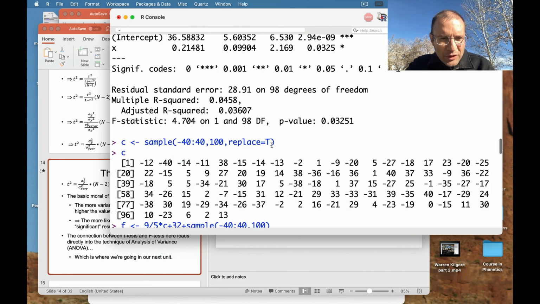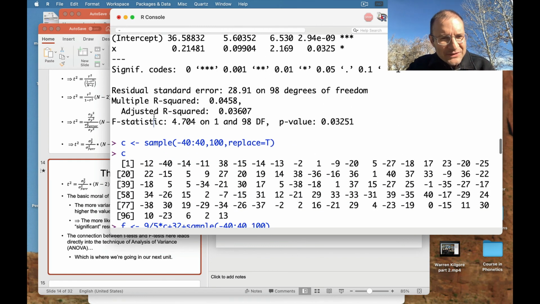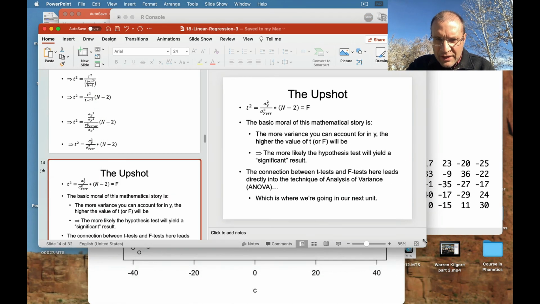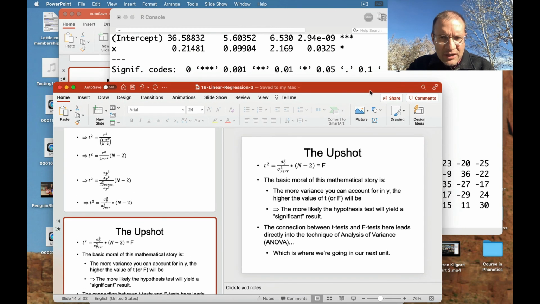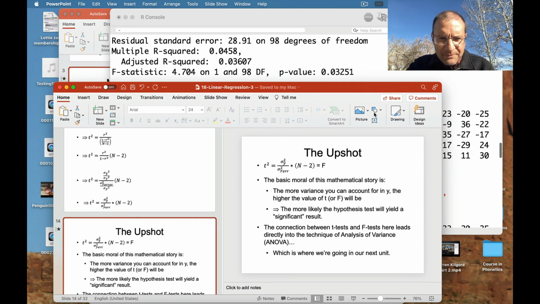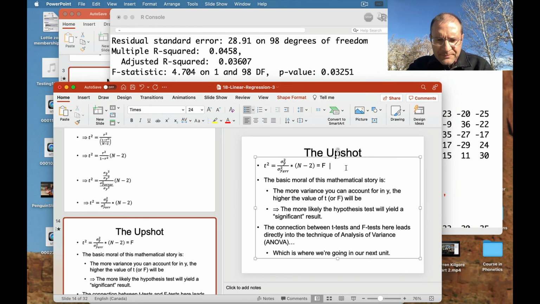How do you report these F-statistic values? This is basically an attempt to interpret whether this R-squared value is significant or not, this little F-statistic reporting down here. Maybe you recall this from when we ran our variance test, maybe you don't, but you can report it by saying F of 1 and 98.